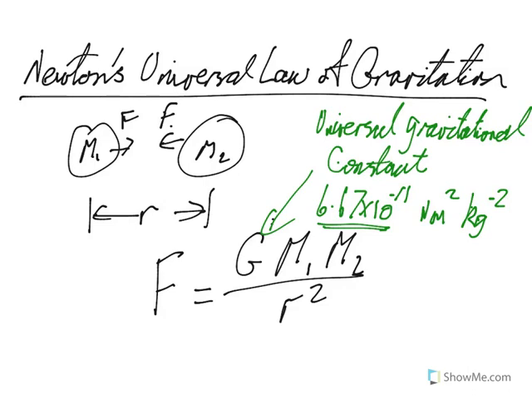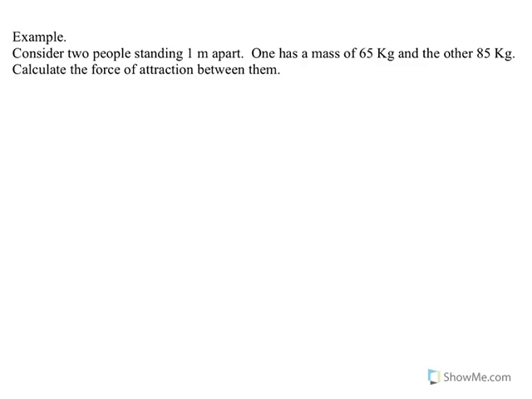Let's have a look at a couple of examples. The first example is a more straightforward one. Here we've just got two people standing 1 metre apart. One has a mass of 65, the other 85.